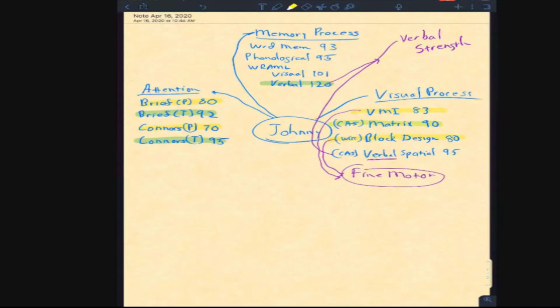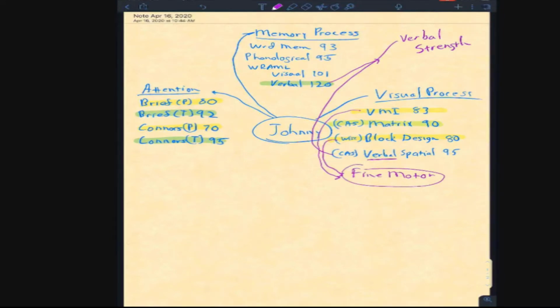One of the things that you can pick up on here, you can do one of two things with this information. You can either assume the parent is not telling the truth, which I never do. There's a reason the parent scored this student so low. So let's assume all these scores are correct. Let's assume that his ability to pay attention at home is significantly different than at school. We know that's not consistent with ADHD.